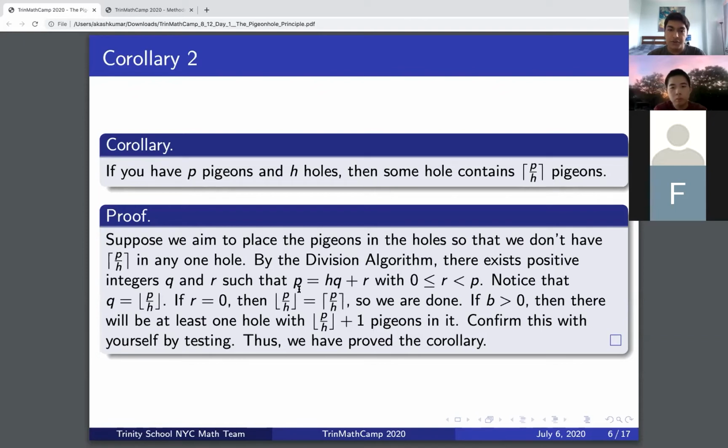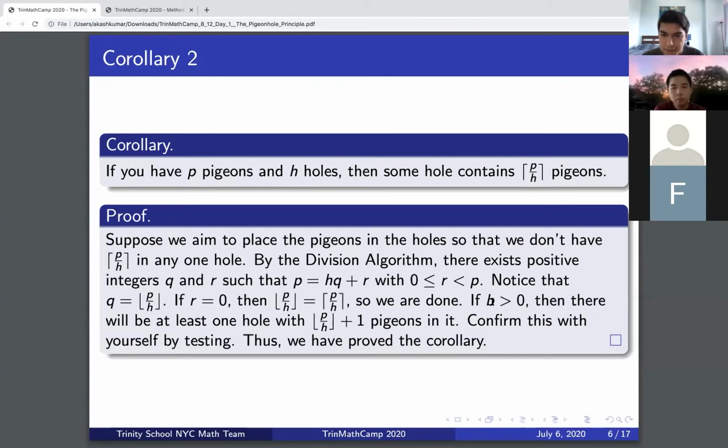The floor of 2 is just 2. There is no fractional part, so there's nothing to chop off. The ceiling of 2 is also 2, because again there is no fractional part, so you're just stuck at 2. Whenever you're dealing with integers, the floor and ceiling are exactly the same. So then here we're done. We found our hole, that's the ceiling, because the floor is essentially the ceiling.